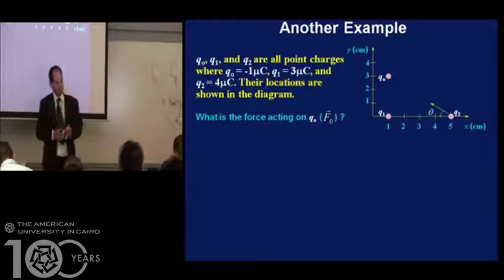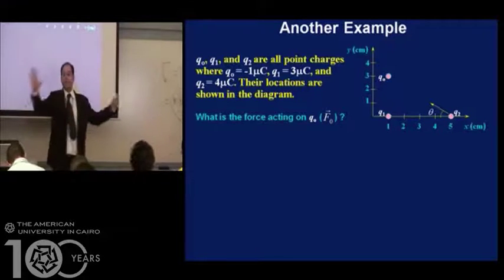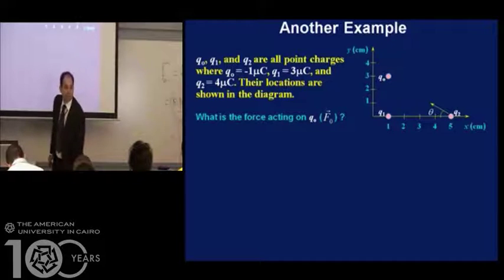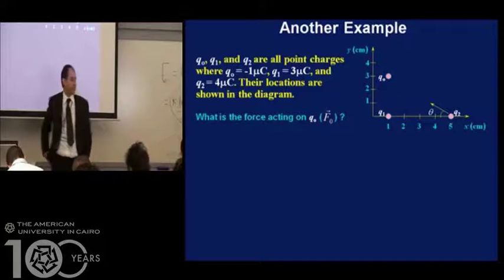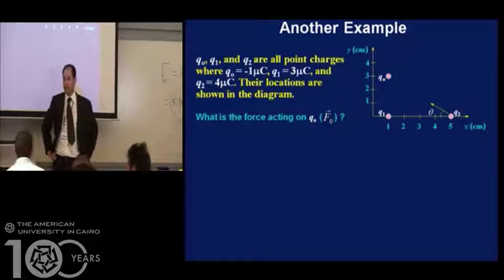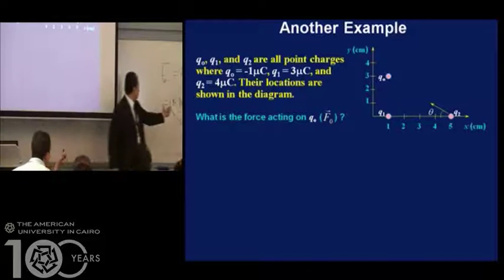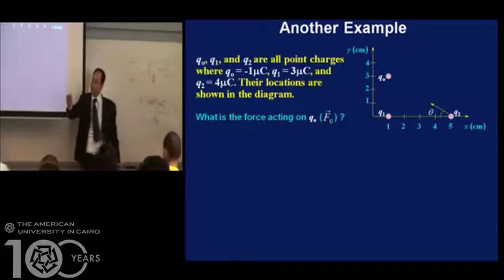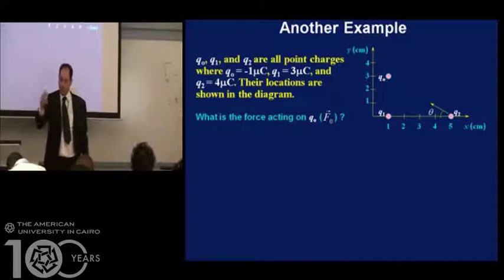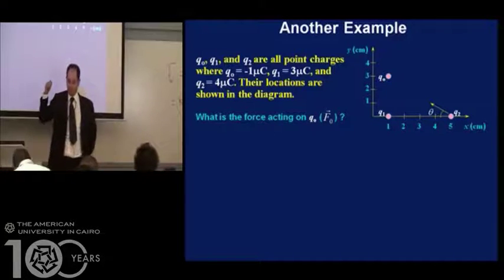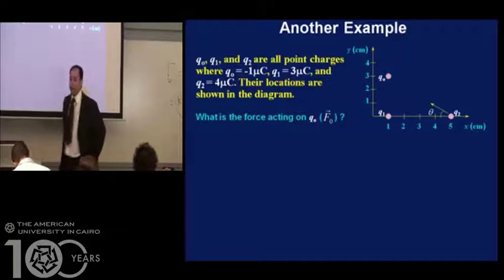I'll say it again one more time. Okay, guys? We totally ignore the signs when we're working, and we find the direction by the physics. Okay, what did I do?